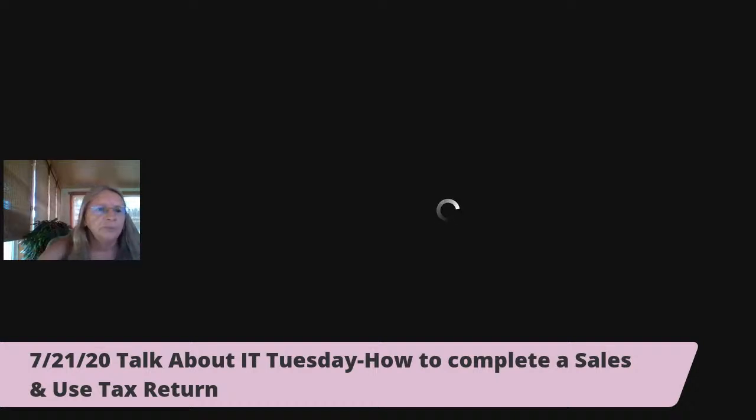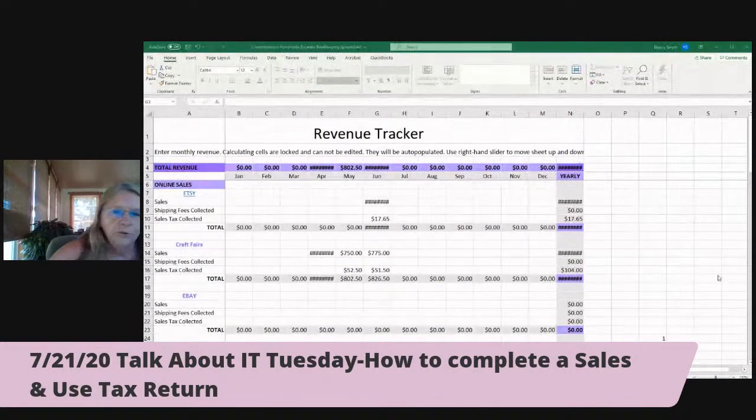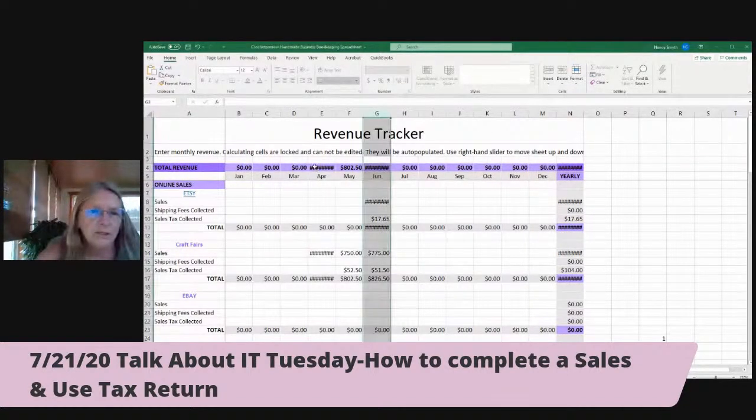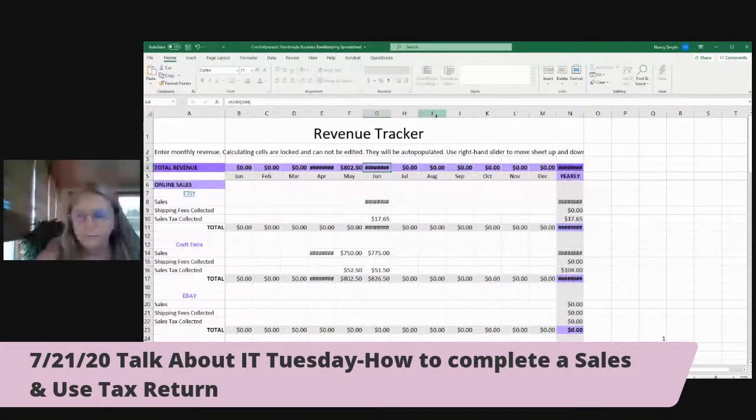Okay, sorry. This is one of the problems of using a spreadsheet that is designed by somebody else, and they lock the formatting in a spreadsheet. Here I am trying to make it bigger so you guys can see, and what happens is the numbers are all coming up as just hashtags, and I can't resize the columns.